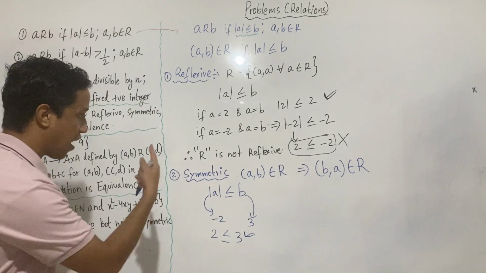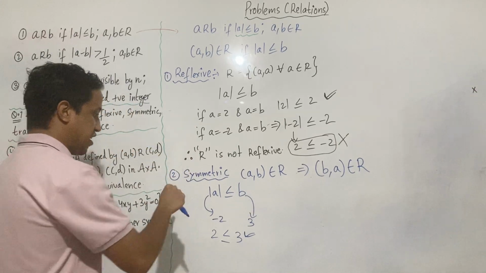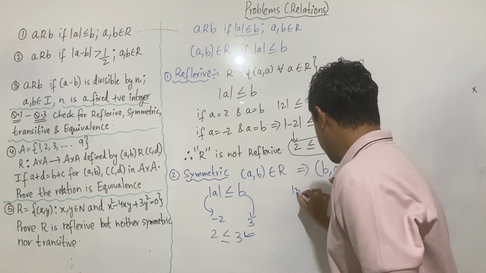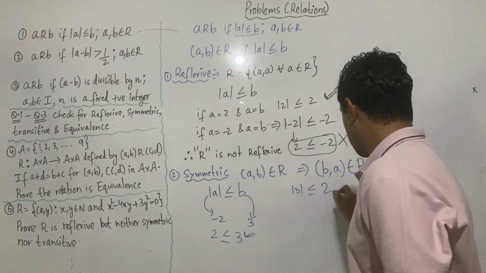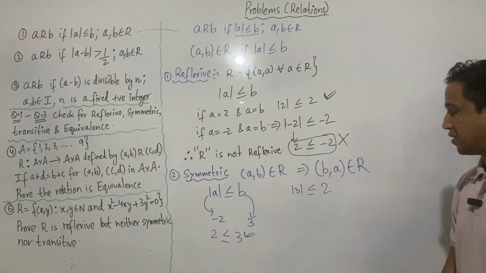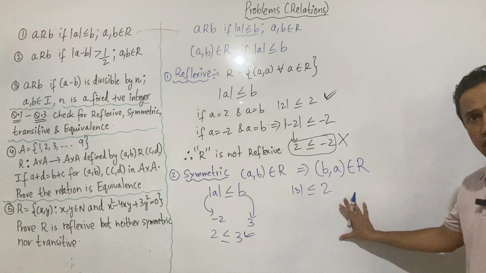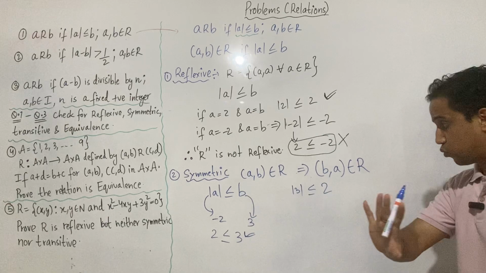But if I change it and put 3 here and 2 here, then 3 is going to be less than or equal to 2. Again, this is not going to be the symmetric relation. Do you understand what I'm trying to say?